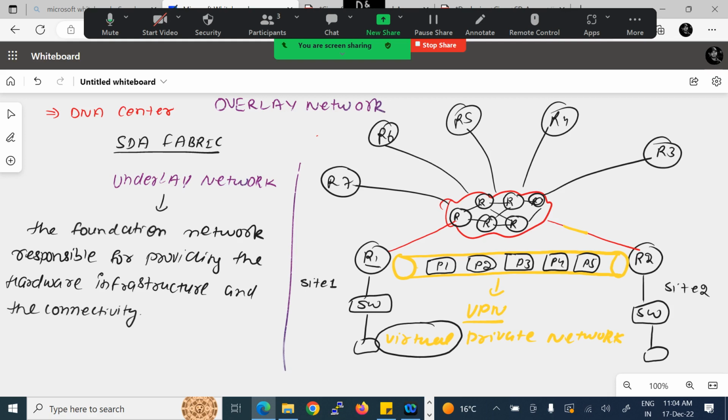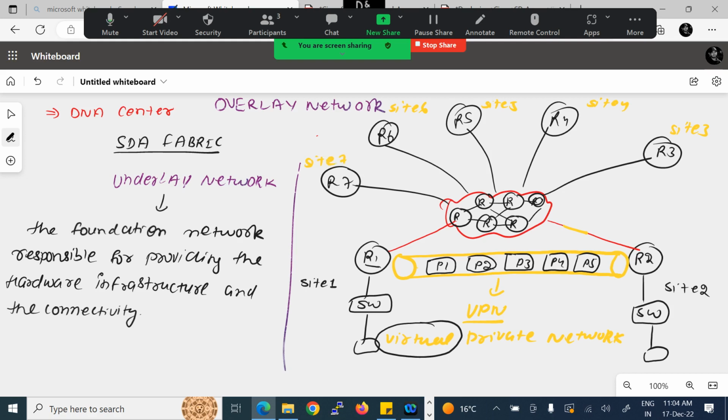Now this is my site 2, site 3, site 4, site 5, site 6, and site 7.